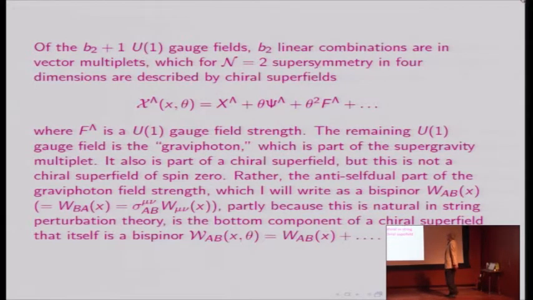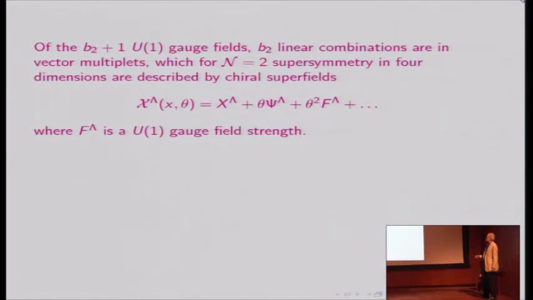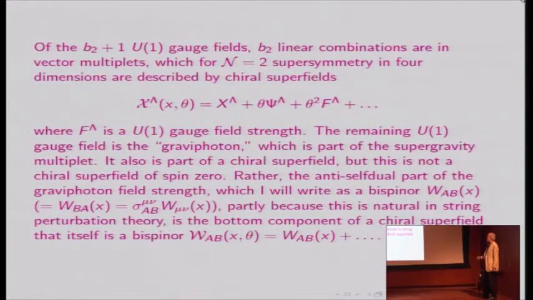Sorry. My terminology has been poor. A chiral multiplet doesn't depend on the theta bars, but it didn't have to be spinless. It might have carried spin. So the vector multiplets are in chiral multiplets that are spinless. The graviphoton is also in a chiral multiplet, but it's in a spin 1 chiral multiplet.